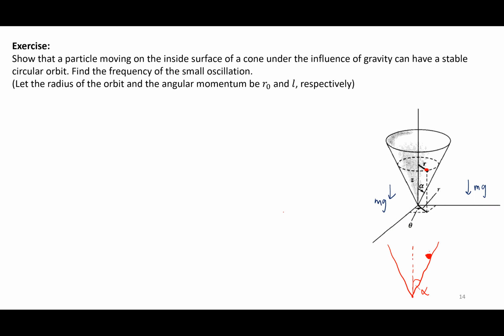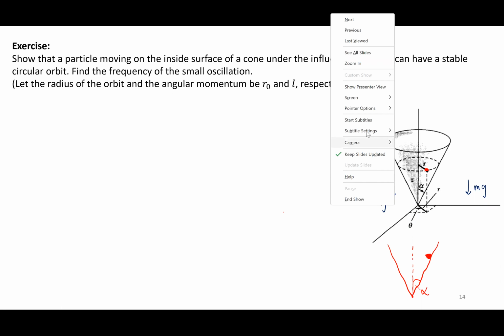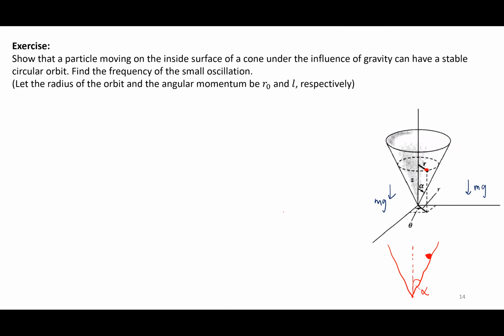Now I want to study whether this circular orbit is stable, right? And you'll see that indeed it is. Next, we are going to give a small perturbation to the particle, a small kick, such that it slides up a little bit along the cone surface, just like over here.